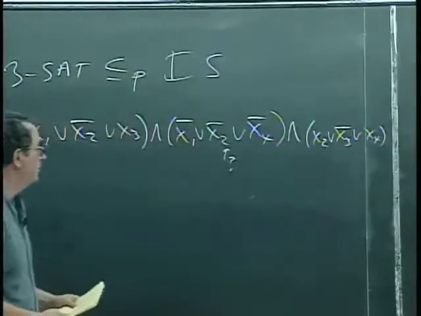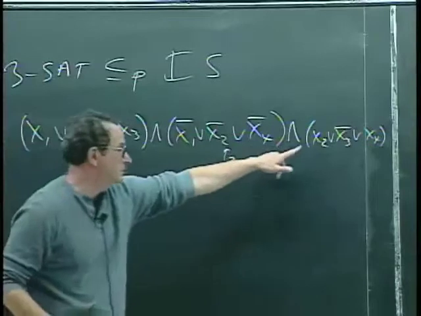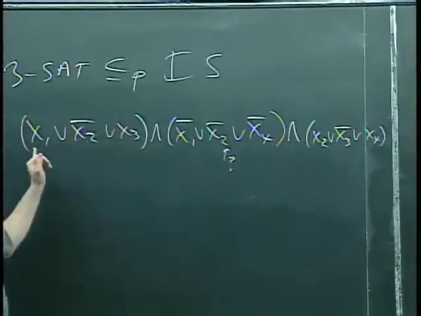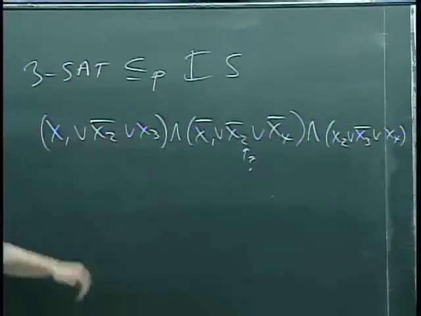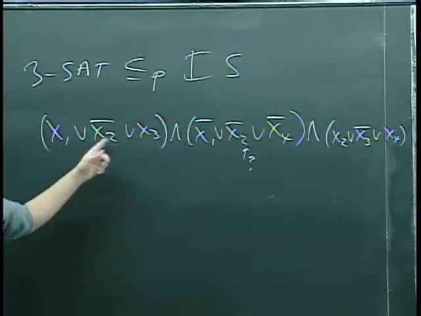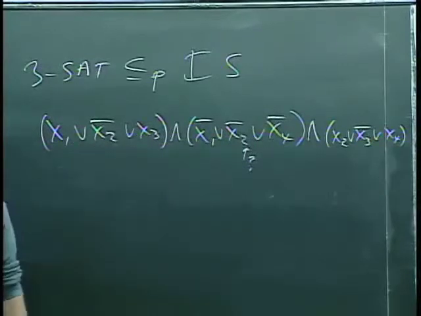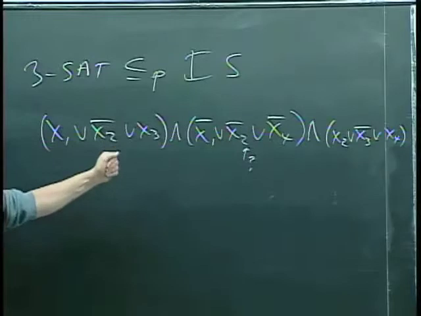So we have 3 clauses. Each clause has 3 literals, and there are 4 variables in this formula: x1, x2, x3, and x4.